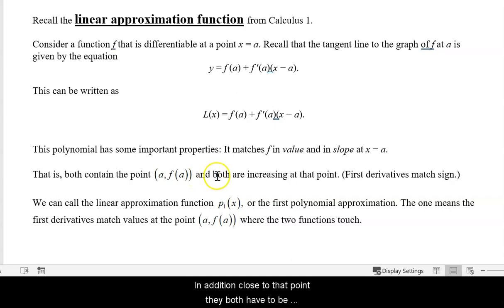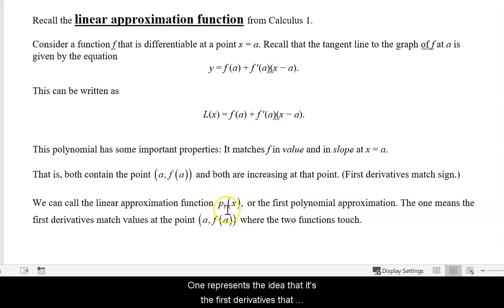In addition, close to that point, they both have to be increasing, since the first derivatives match in sign, or both decreasing, again because the first derivatives match in sign. We can call this linear approximation function p sub 1, representing the first polynomial approximation.